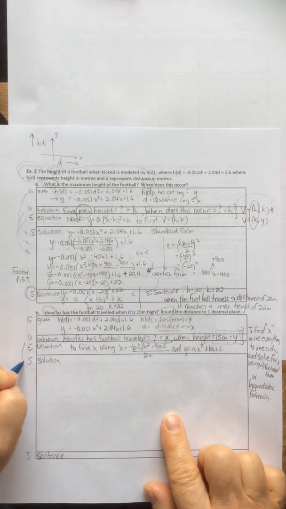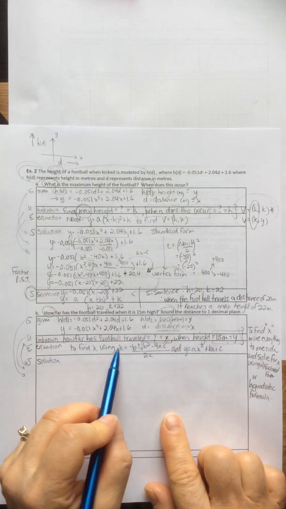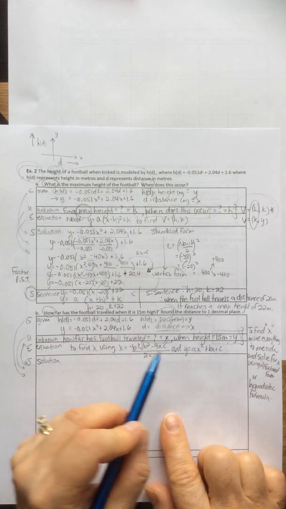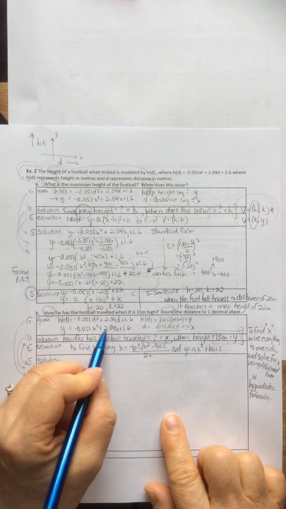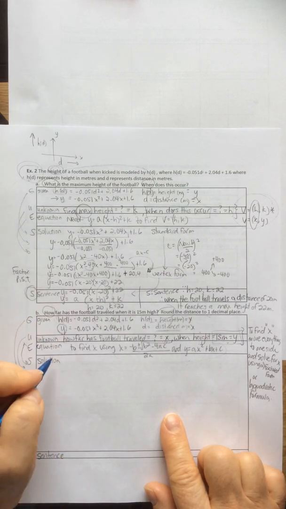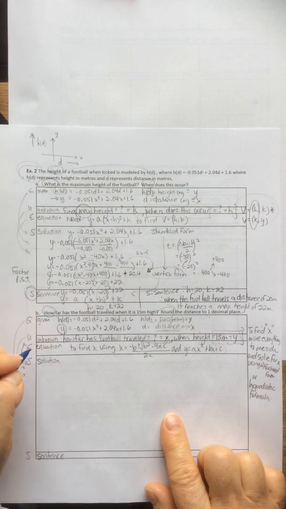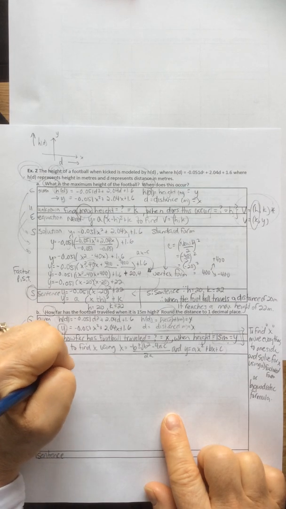All right, solution. Take the equation, the unknown, and the given. If we want to use this, look at what we were given. We were given the standard form. The very important part is, do we know what y is? We do know what y is. The height is 15.